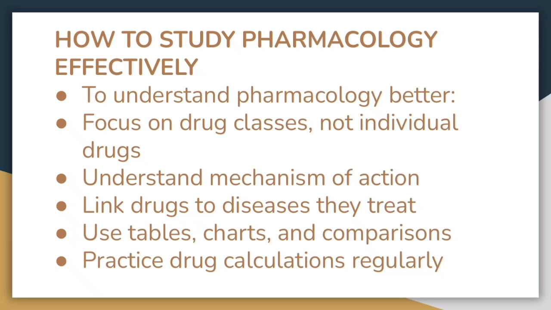Because I know what is normal for that system and what is abnormal, when I study the MOA, I'll know how the drug works to restore that pathophysiologic state back into its regular physiologic state, making everything make so much sense.